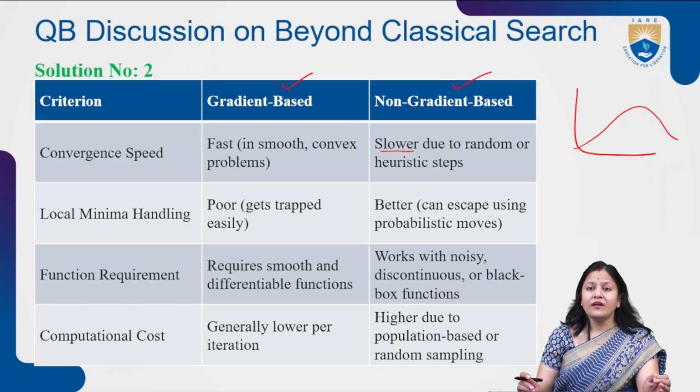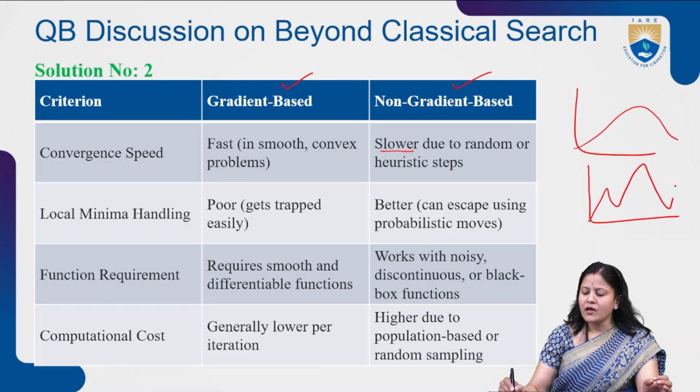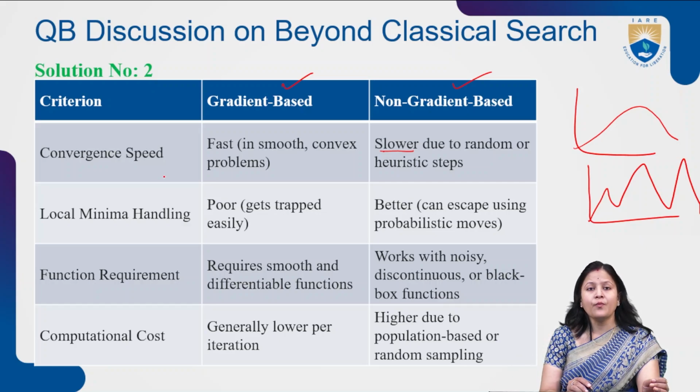In the non-gradient method, the objective function is non-differentiable, so the slope cannot be found, and if we find it, it takes more time and more cost would be required.